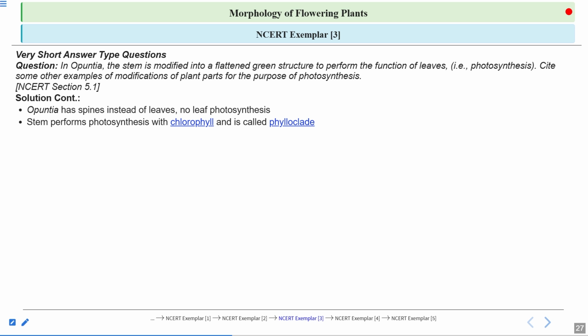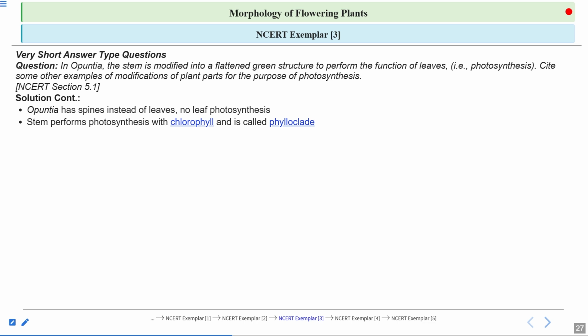Here, what you see in some of the plants is that the stem is modified in the form of phylloclade. Phylloclade means the stem is doing the leaf function, right? Because they also contain chlorophyll, they are green in color and they can do the process of photosynthesis.